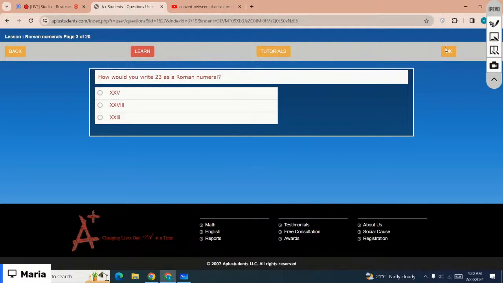Yes, the correct option is 23, right? 10 and 10 makes 20, and then you have a 3 that makes 23. So that is option number 3. X, X, I, and I. They make 23.